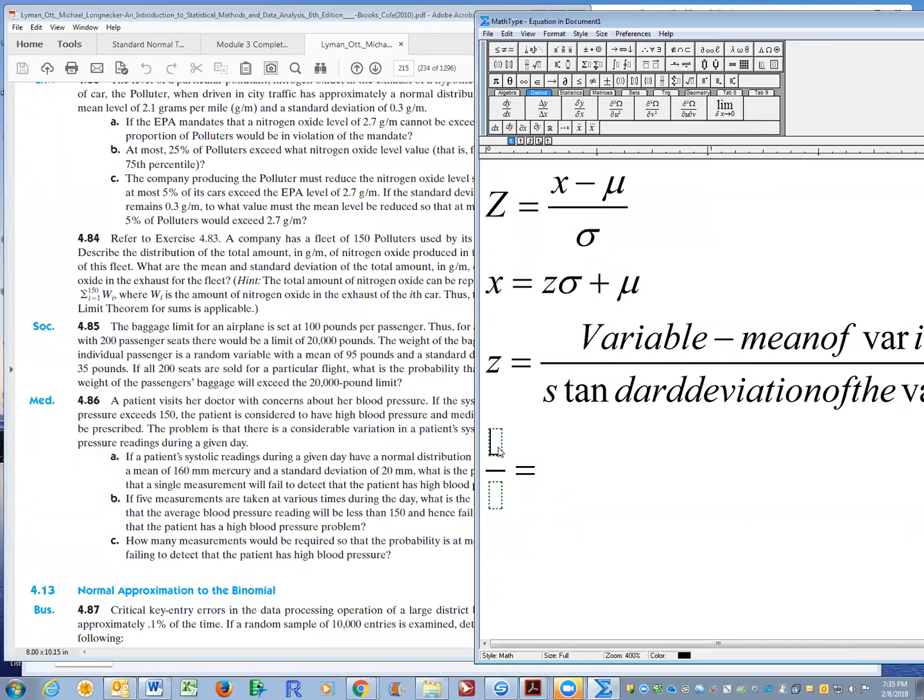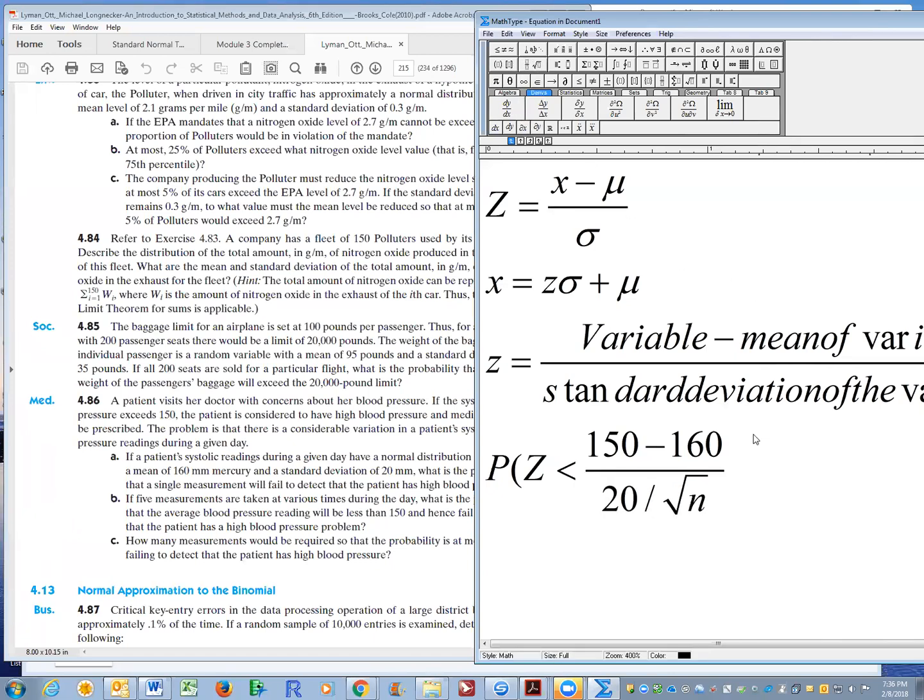Okay, so I have it down to where we have the probability with z less than, do you just want that part? Yeah, so the probability that z is less than 150 minus 160 over 20 divided by the square root of n.